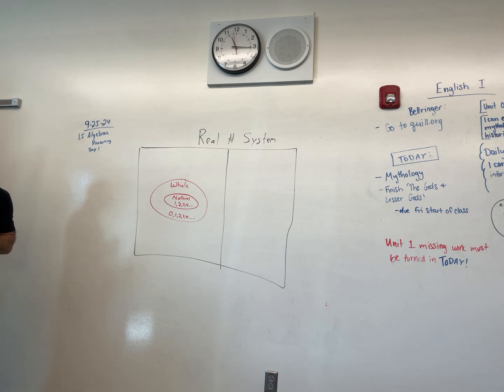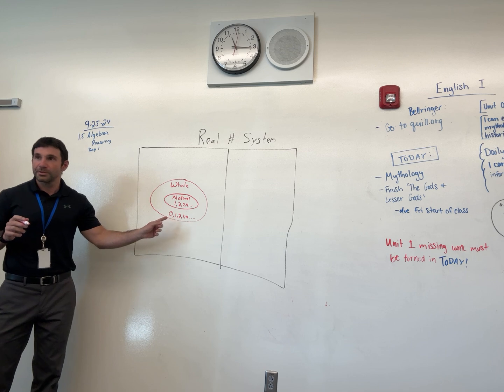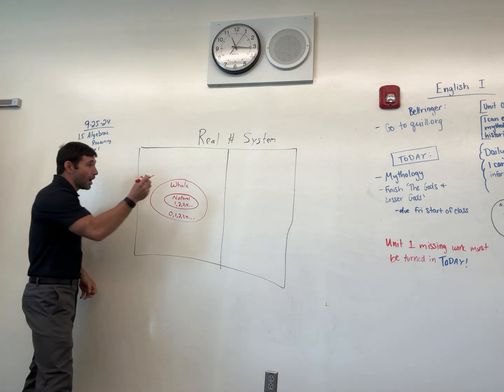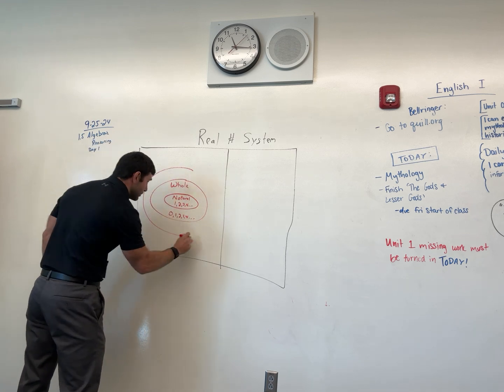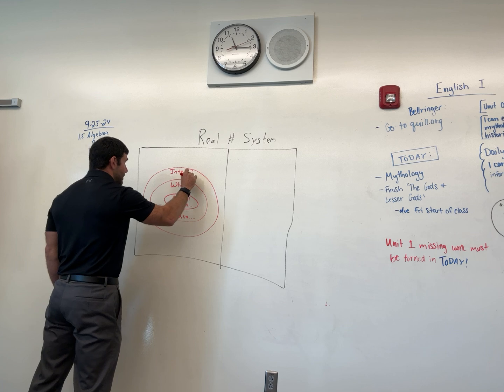Okay, so next are whole numbers, but now we need their opposites. The opposite of the whole numbers is integers.